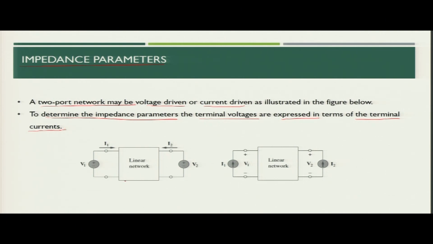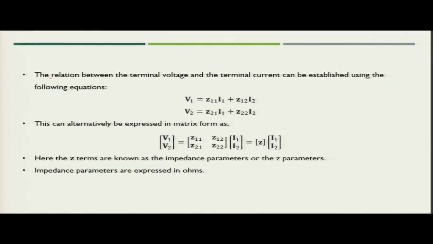If you see this particular figure, we need to find out the relationship between terminal voltage and terminal current. Suppose there are some parameters called Z11, Z12, Z21 and Z22. What can we write? We can write V1 as Z11 I1 plus Z12 I2, and V2 as Z21 I1 plus Z22 I2.